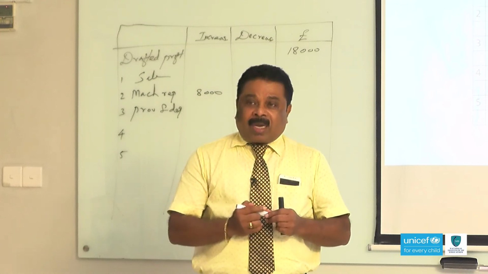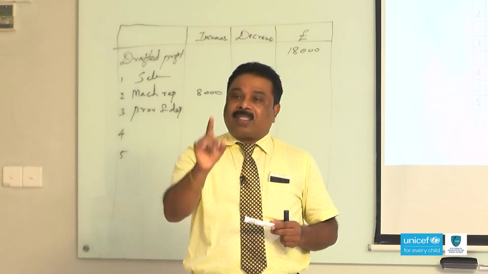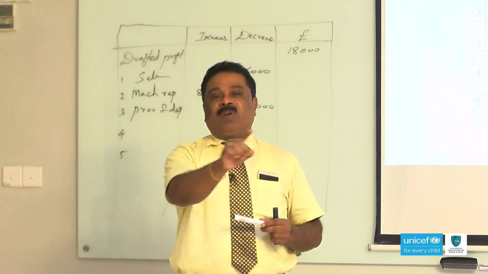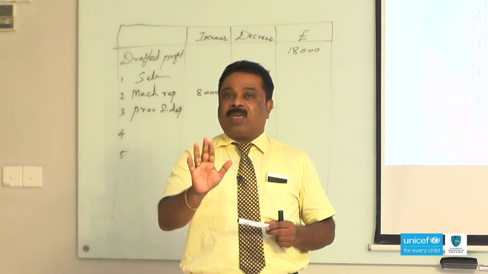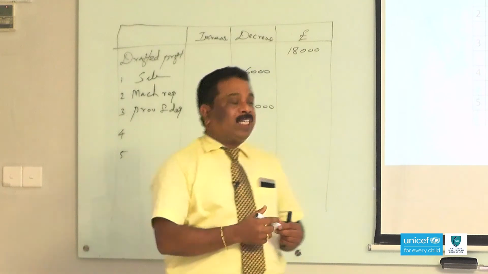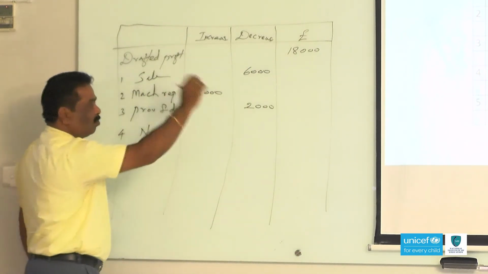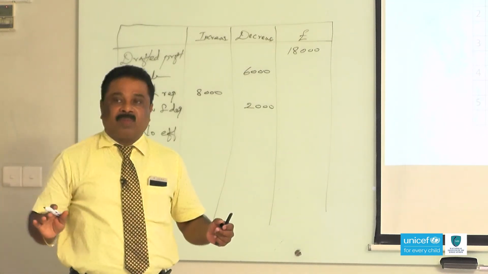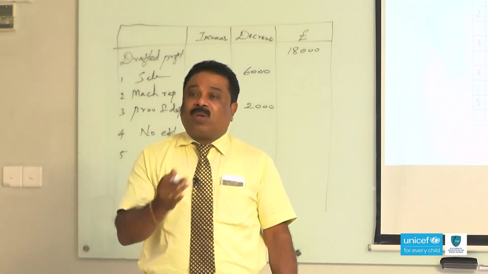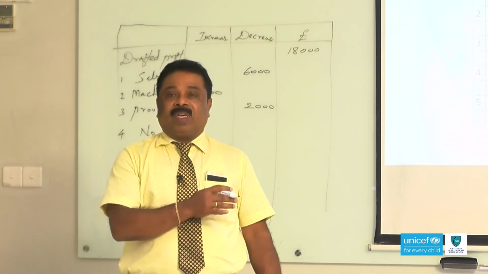Next, number 4, SELA debit, SEMA credit. Both are person accounts. They might be either customer or supplier, trade receivable or trade payable, which will not be transferred to the income statement. Therefore, this particular entry has no effect on the revised profit. So here you write no effect. And the last one, again, income statement debit, closing inventory credit.